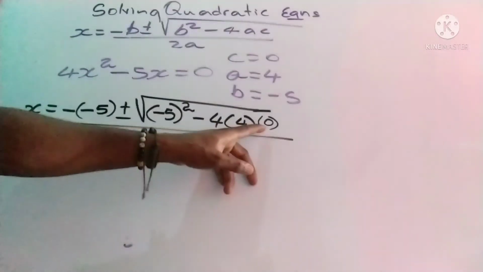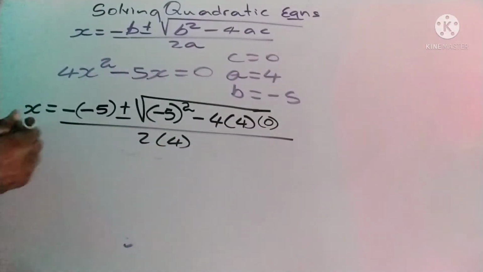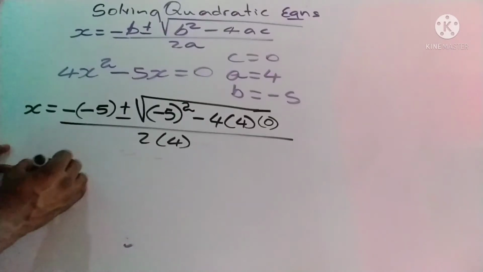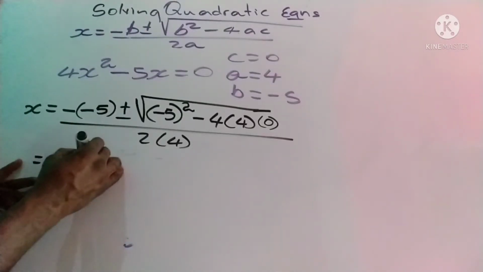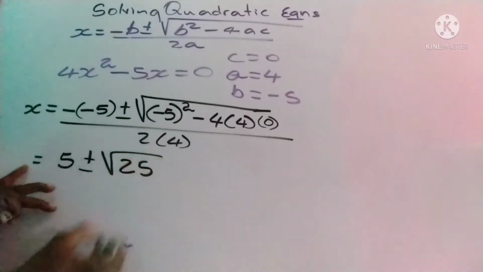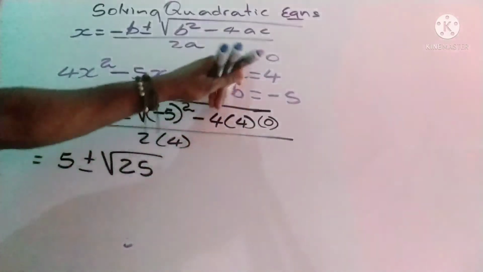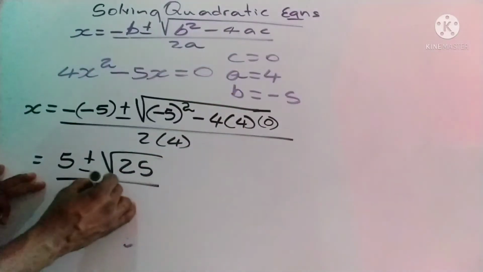So in this case, we're going to have a positive 5, and then the root of 25, because this part is going to be 0 because c is 0, all over 8.